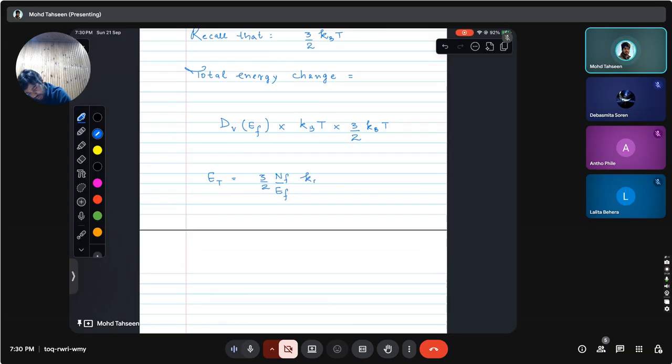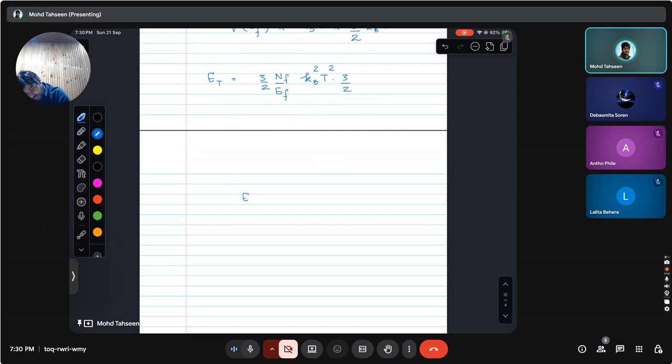Then we have kBT. Actually we have k squared T squared, times again 3 by 2. So the total energy will be equal to 9 by 4 NF by EF k squared T squared.